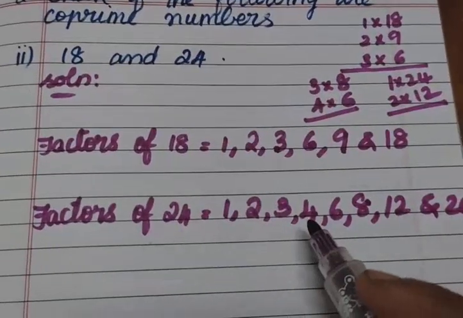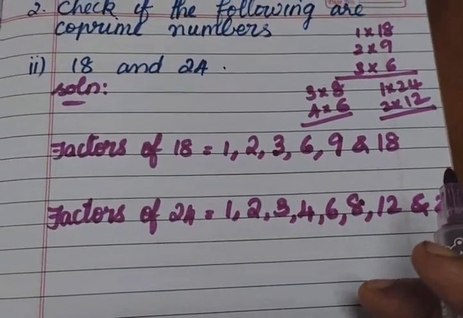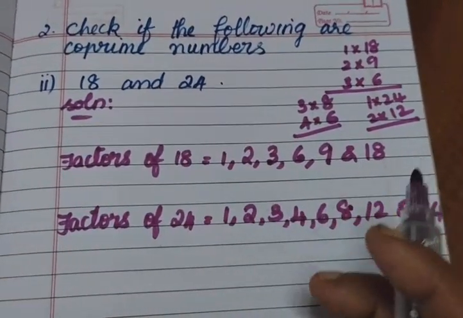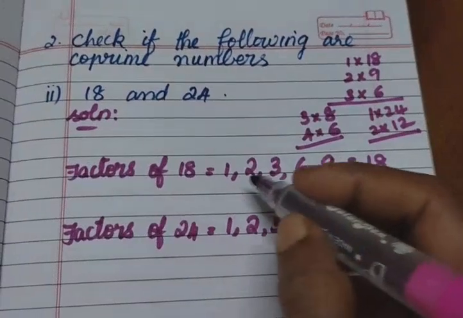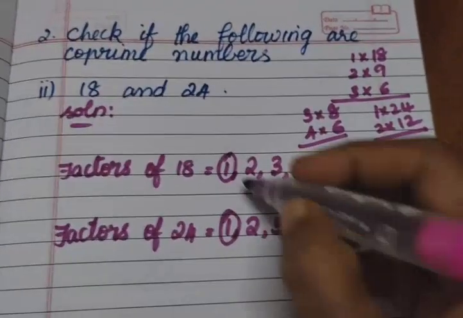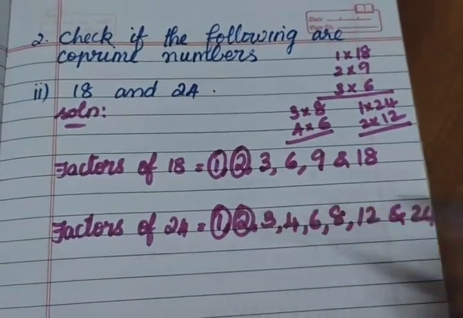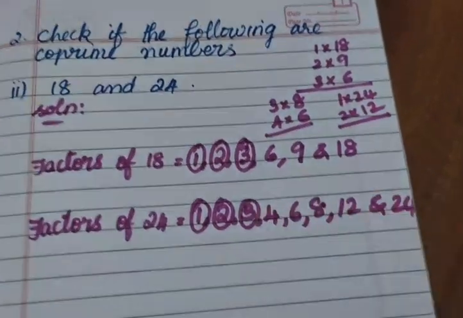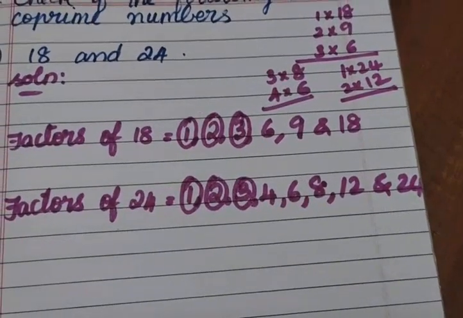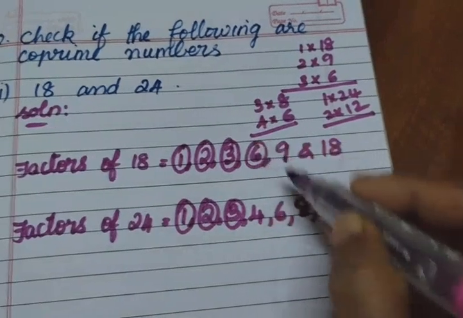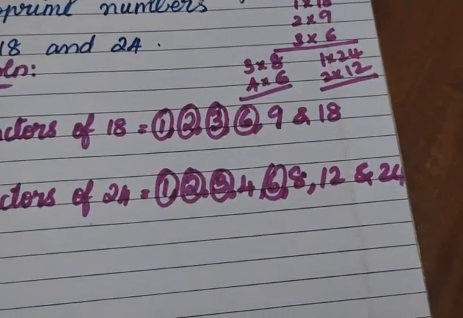Now we have to find the common factors. Okay children, first write the factors, then find the common factors. See, 1 is common here, is it not? Then 2 also common. Yes, 3 also a common factor. 4 is here, but here no 4. 6 is the common factor.